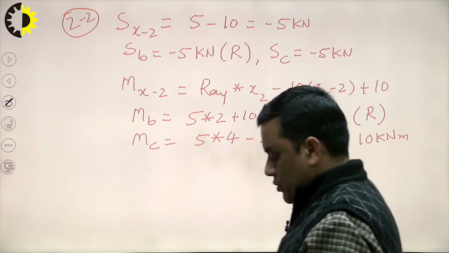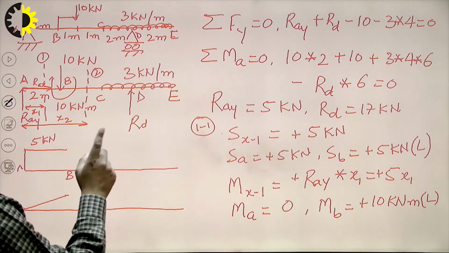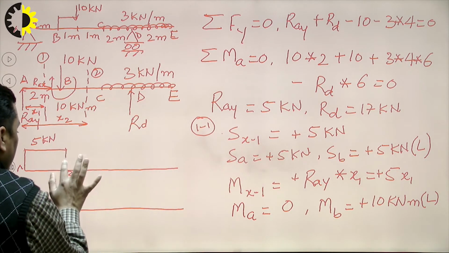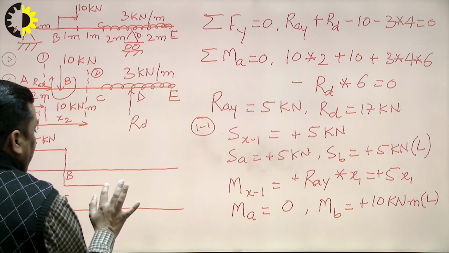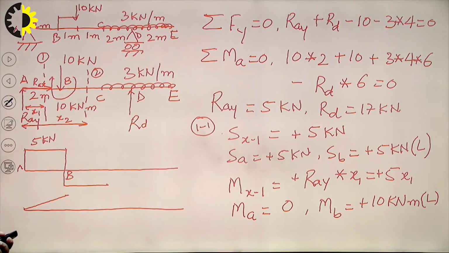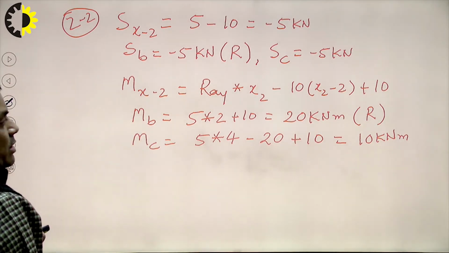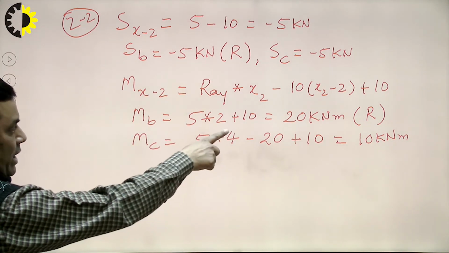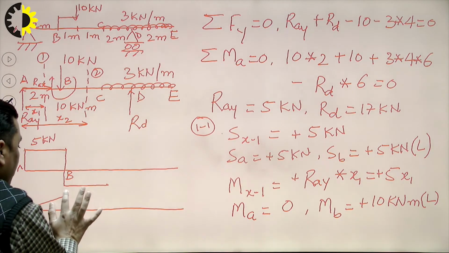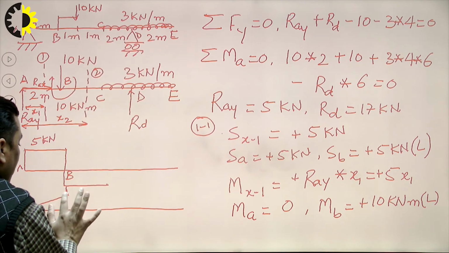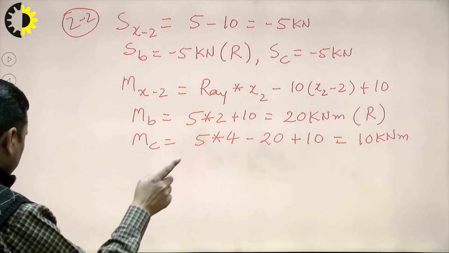Now, we can draw the shear force and bending moment diagrams also. For point B there is another value of shear force, which is -5. From B to C it is a constant horizontal line, so it will remain constant. For the bending moment, the value is 20 kilonewton meter for the right side of point B, so there will be a vertical shift to 20, and for point C there is 10 kilonewton meter.